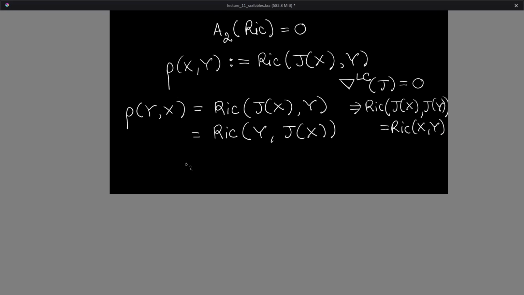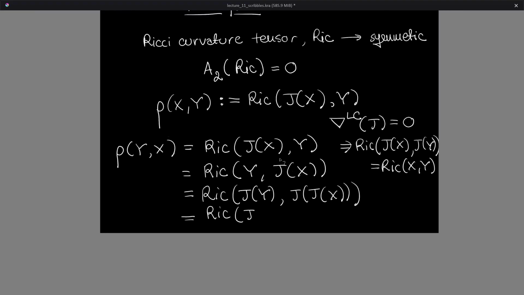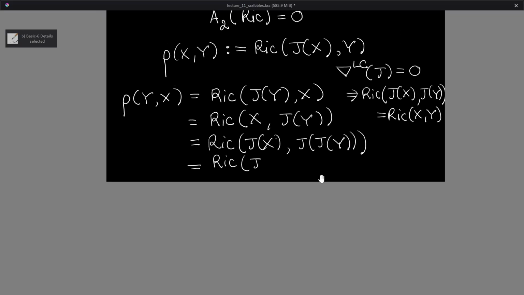So then we can apply another two J's on top of this. So we get J of y, J of x, and so then we get Ric of J. Sorry, I mixed it up. My bad. Then this should be x and this should be J of y. And then this should be J of x, and then this should be J of y.